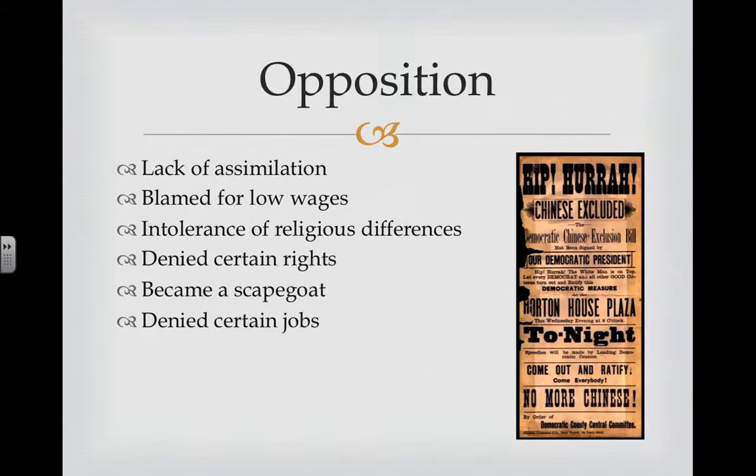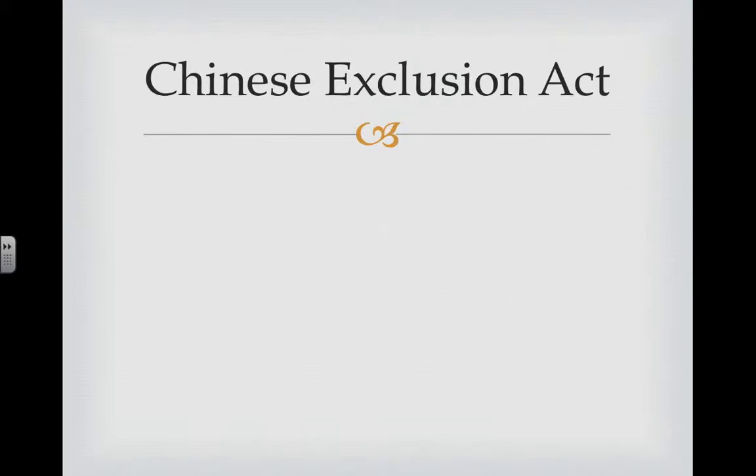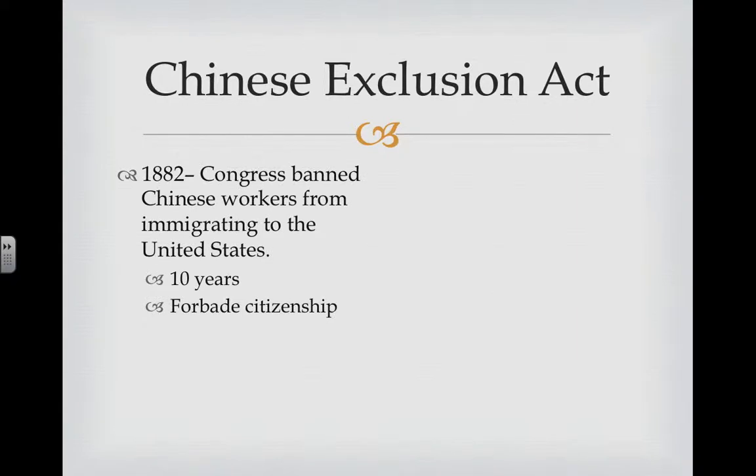Here is a poster that talks about the Chinese Exclusion Act, which we're going to talk about right now. The Chinese Exclusion Act was passed in 1882, and what it did was ban Chinese workers from immigrating to the United States.